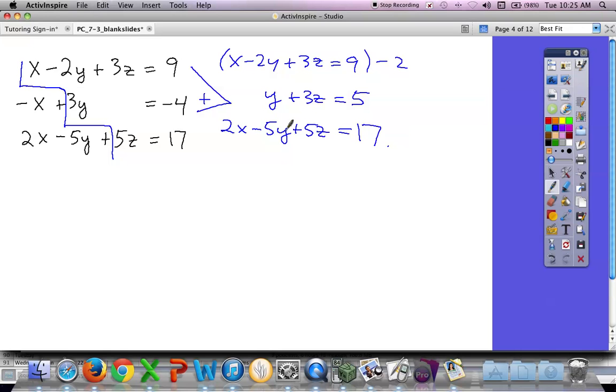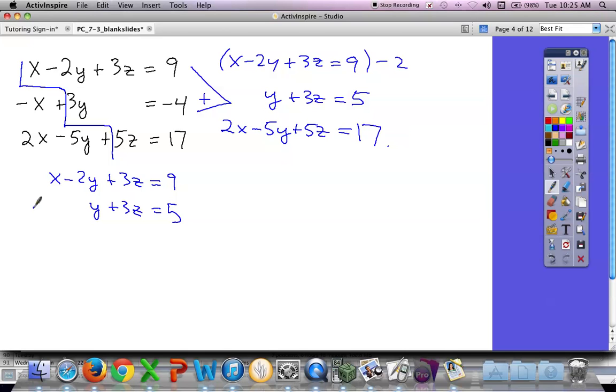Okay. So the first row itself will not change: x minus 2y plus 3z equals 9. The second row: y plus 3z equals 5. Now here are the row operations. Negative 2 times x is negative 2x, plus 2x cancels.